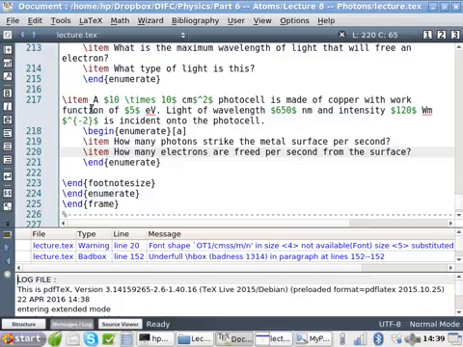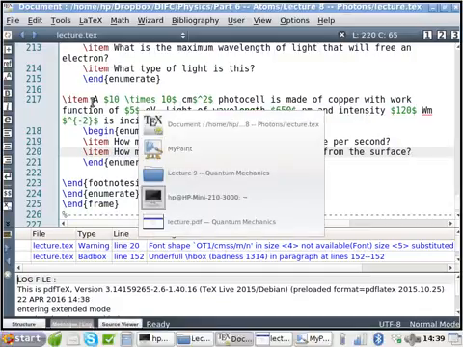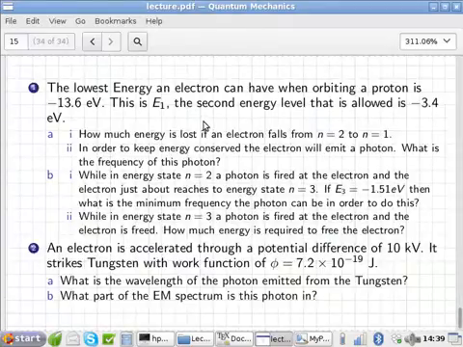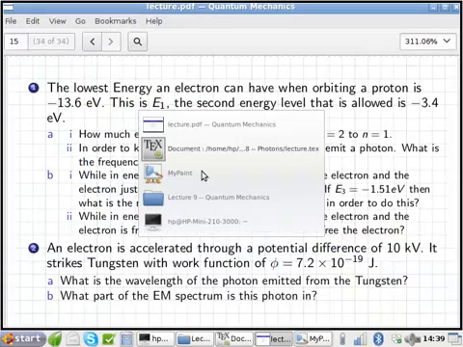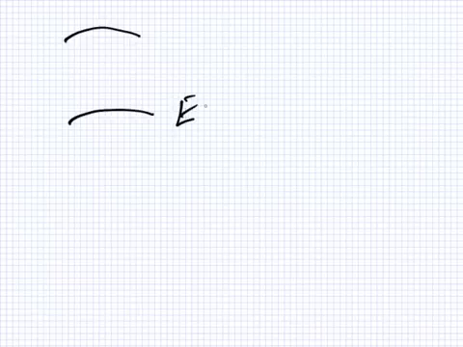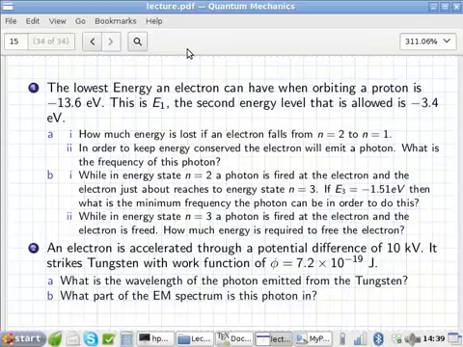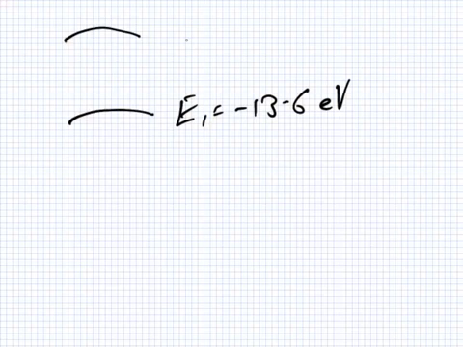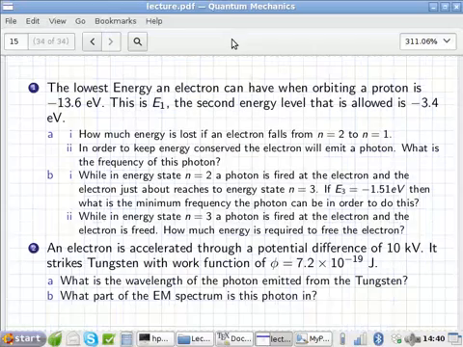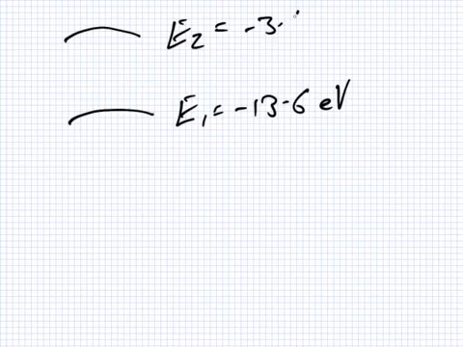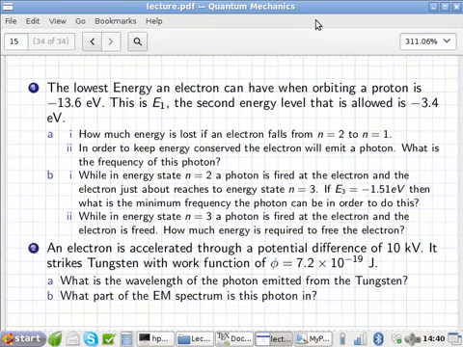The lower one, E1, is minus 13.6 electron volts. And the second energy level, E2, is minus 3.4 electron volts. How much energy is lost if an electron falls from 2 to 1?